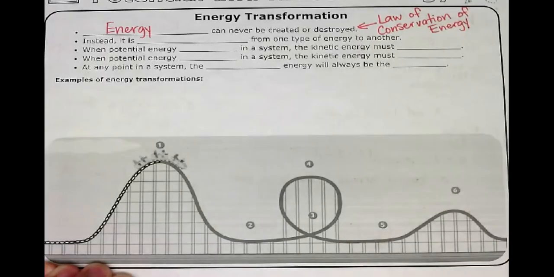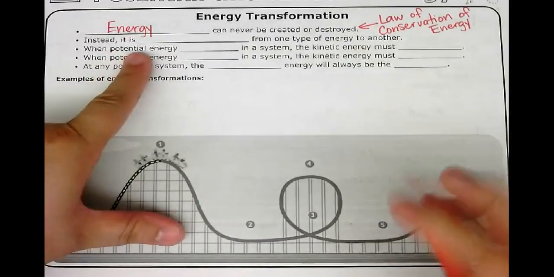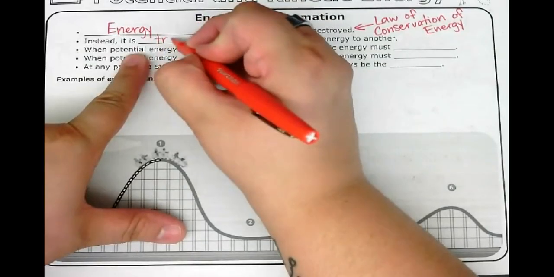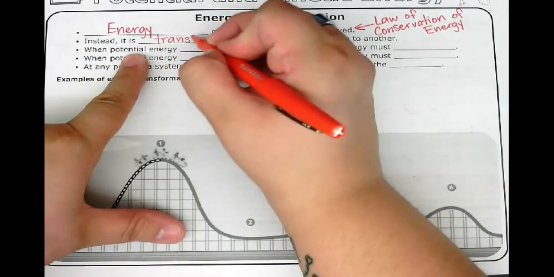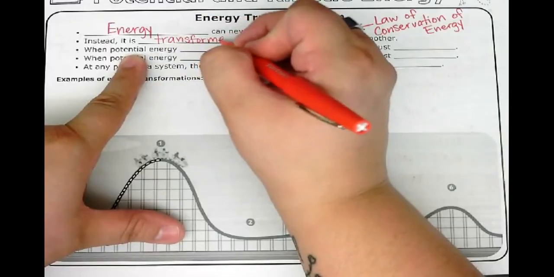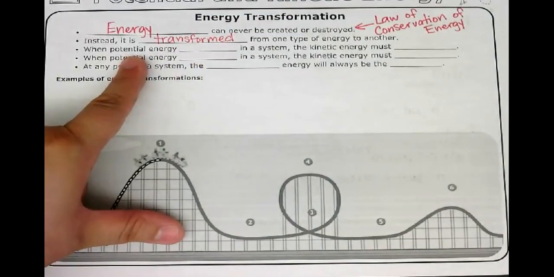I want you to write that on there. Right? That is something that we're going to be talking about a lot in this unit. Energy can never be created or destroyed. It just changes. So instead, it is transformed from one type of energy to another.